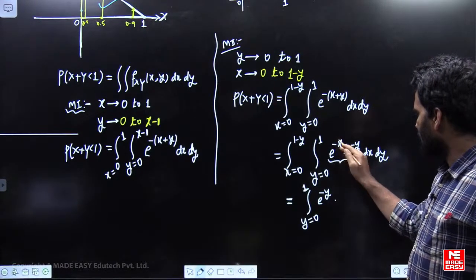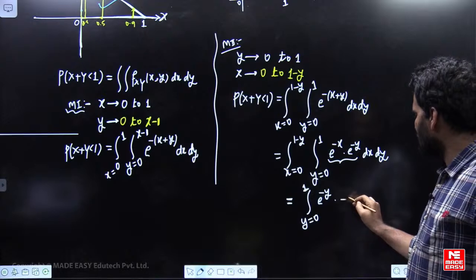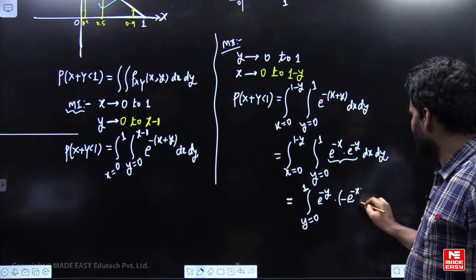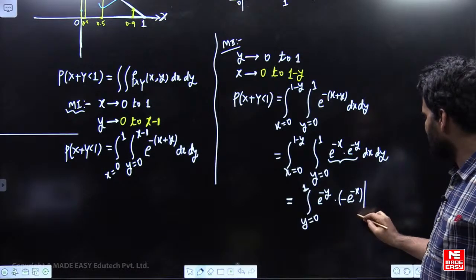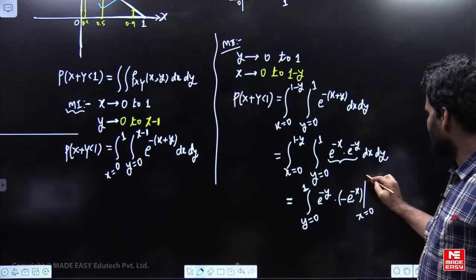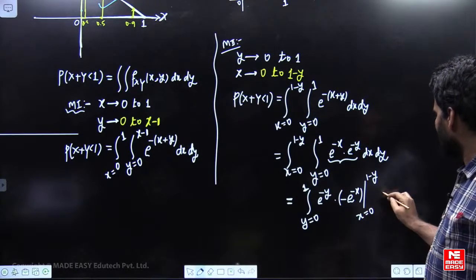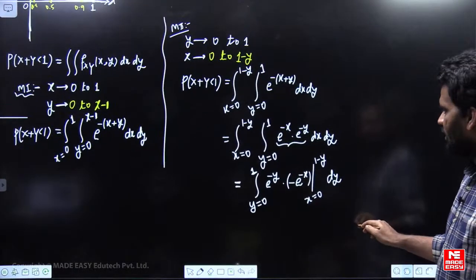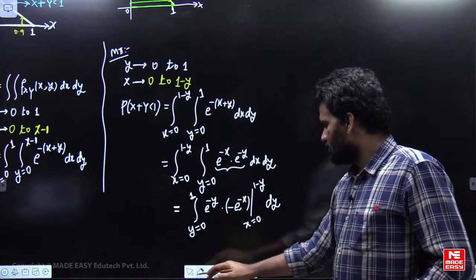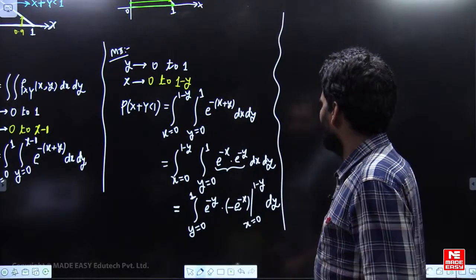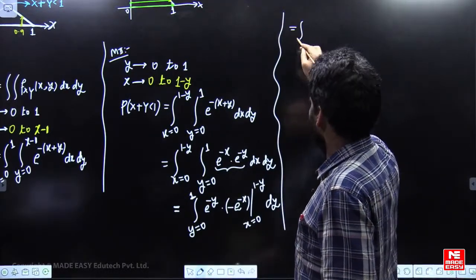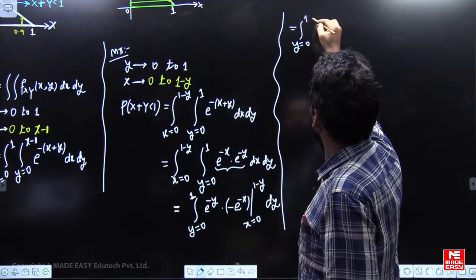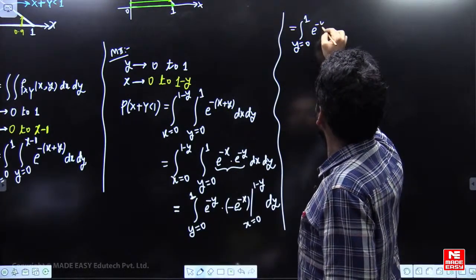And if you do integration with respect to x, this is minus e power minus x. And the limits, yes, you need to substitute the limits, x equals 0 to 1 minus y, and this is dy. Then substitute the limits here. This is y from 0 to 1, e power minus y.